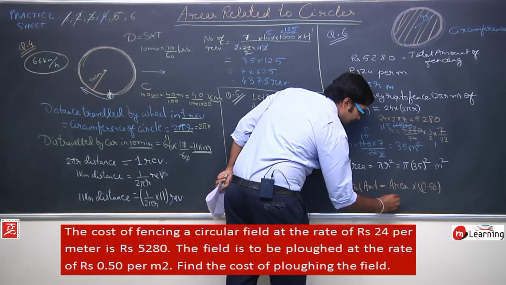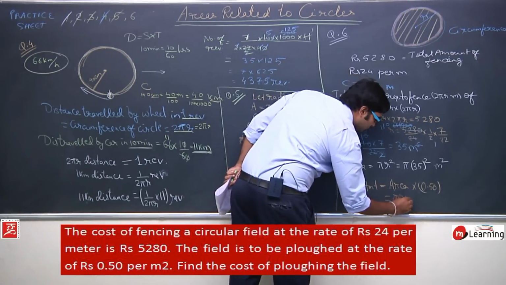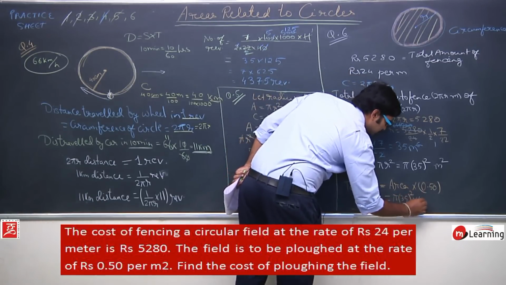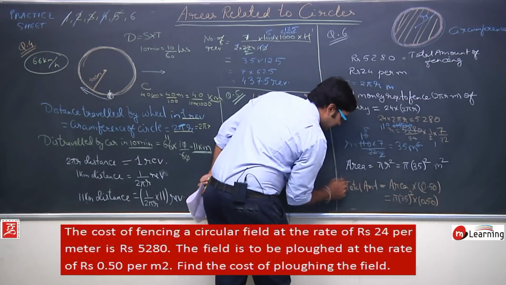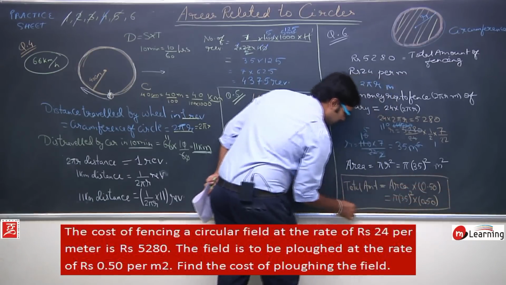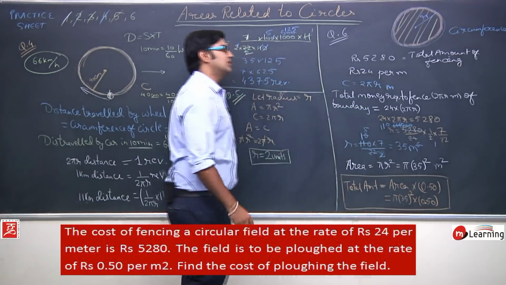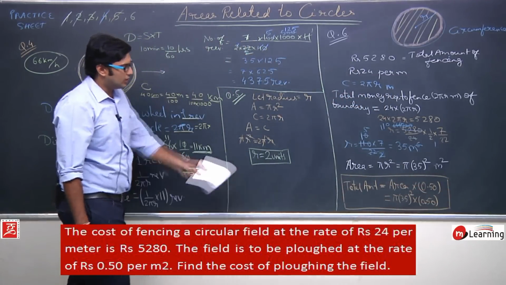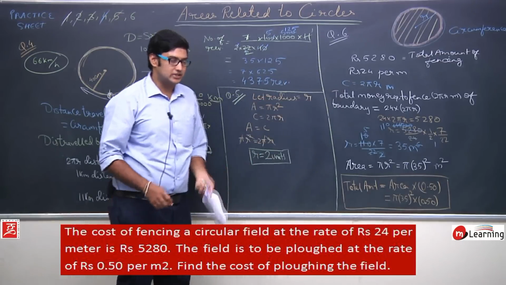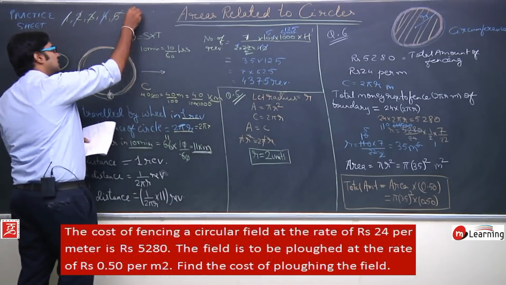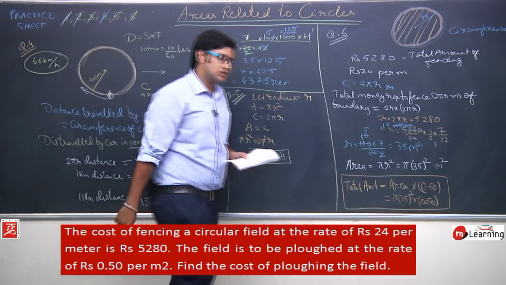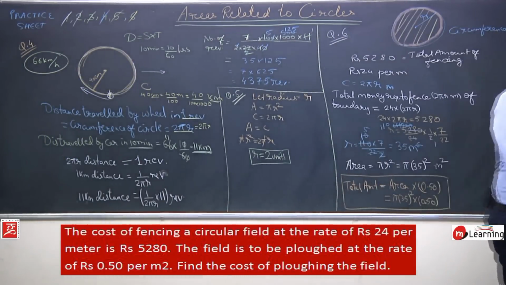So total amount required is pi into 35 square into 0.50. This much is the amount that is required to plough this field. You can do the calculation, it's a very easy calculation. So this is the solution for question number 6. You can see again this is a very basic question. Okay, so note this, then we will continue with the next concept.